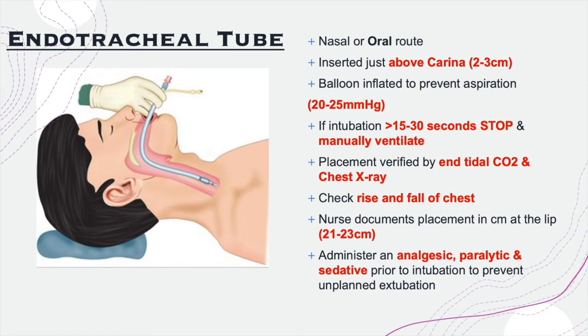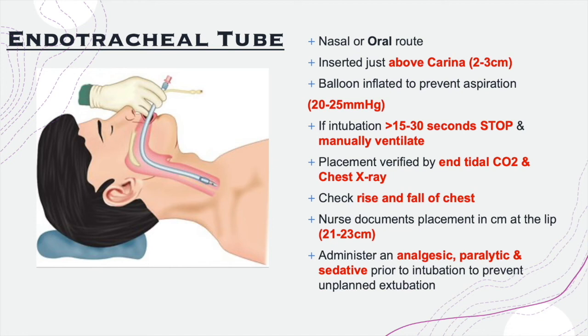That's called aspiration pneumonia, which can lead to various complications such as septic shock, which is why endotracheal tubes put a patient at increased risk for pneumonia. Now, if intubation is taking too long, the nurse is to monitor the patient's saturation level and stop the respiratory therapist or the medical doctor and manually ventilate the patient. Provide some form of oxygen due to the occlusion the intubation was causing.